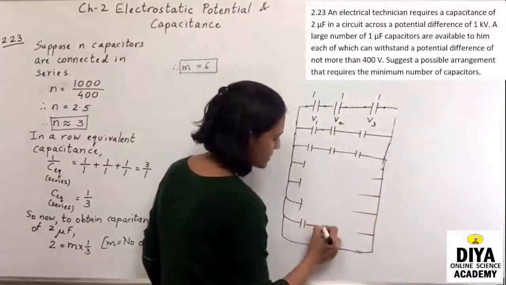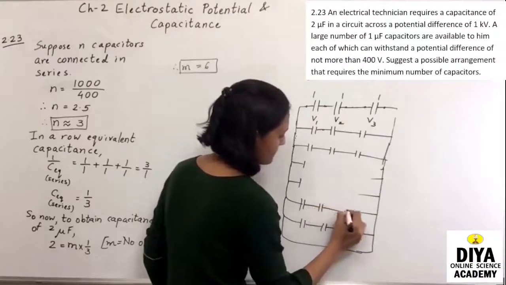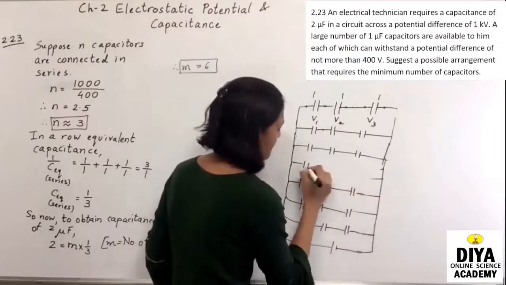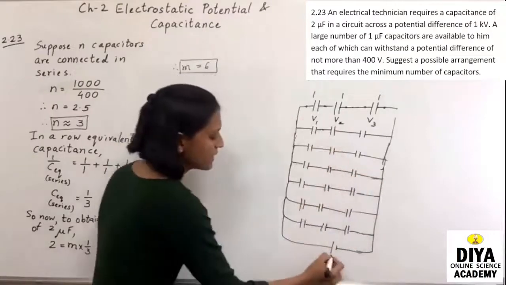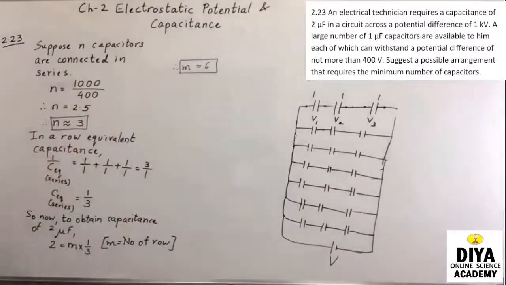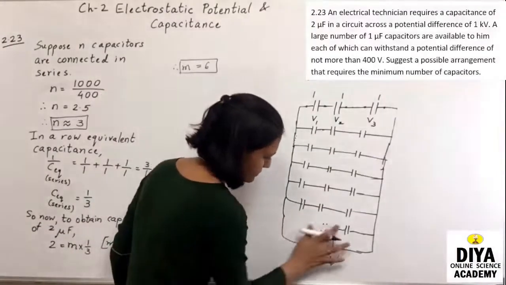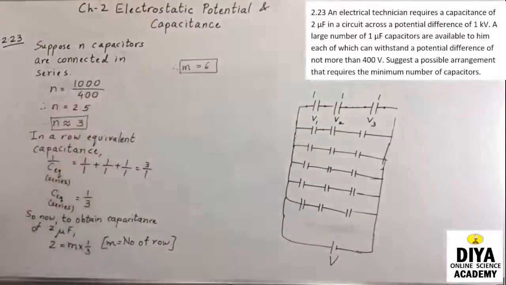You should complete this row by yourself. So this is how the arrangement would look like. There is one more row. So this is how the connection would look like.